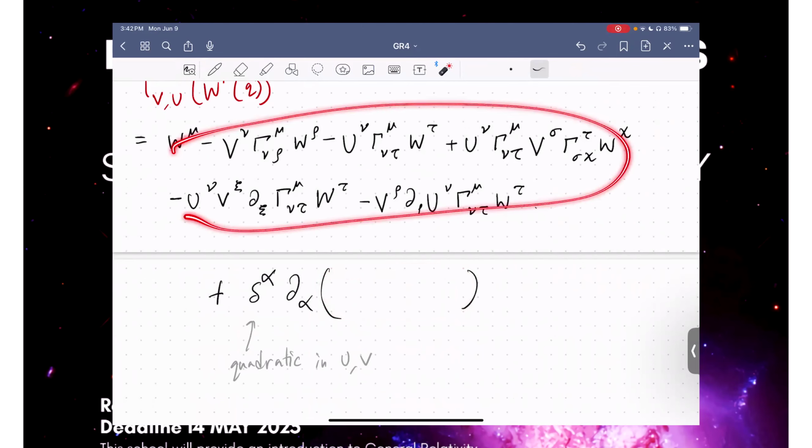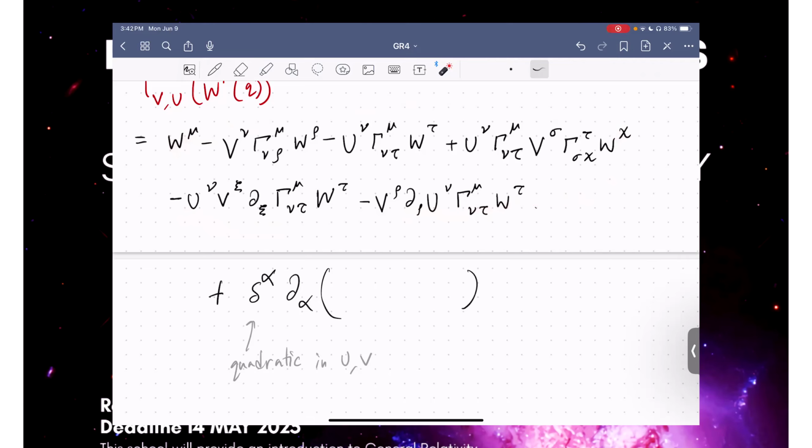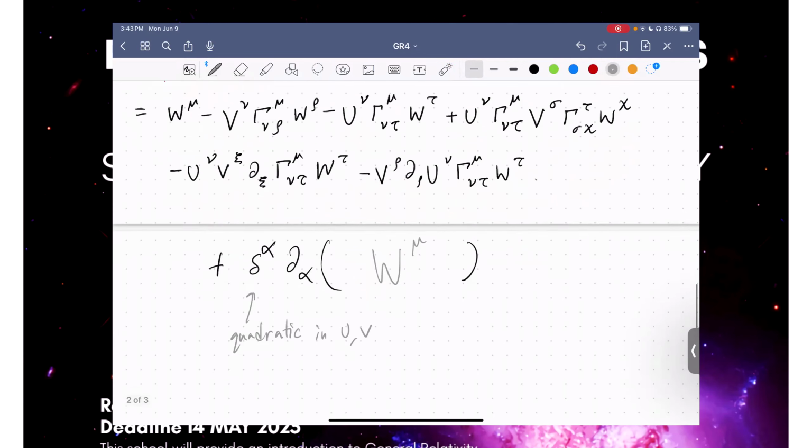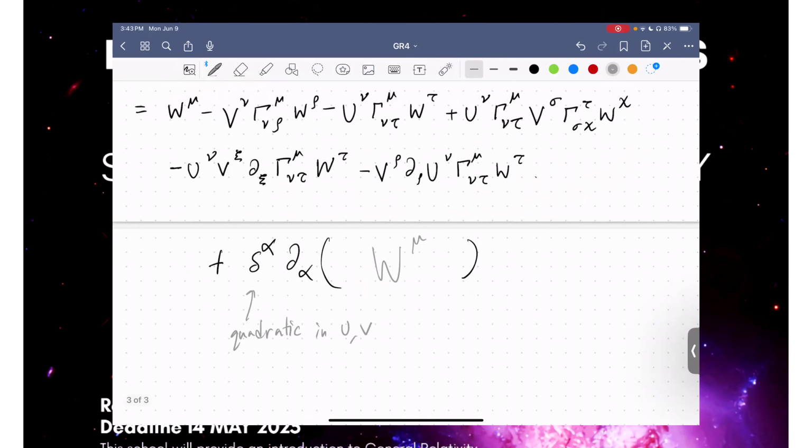And so here, how many terms do we have that have no dependence on U and V? Here you have V, U, U, U, V, V, U. All of these terms, if we put them here, will be of an order that we're ignoring. So this is the only term that we need to put in here. This is basically the only thing that we care about. So let's do that.